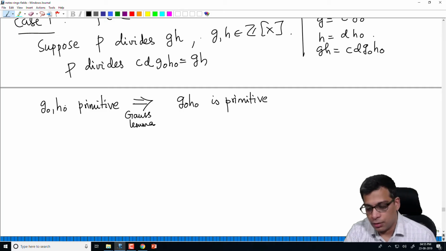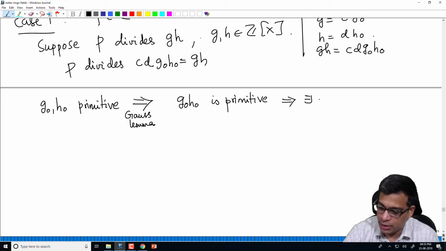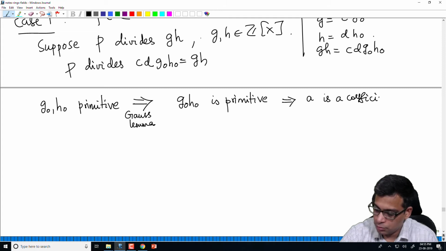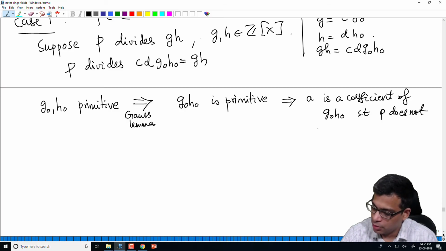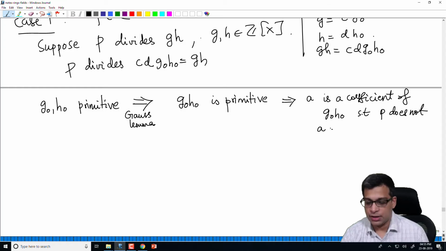That means the GCD of all the coefficients of g0 h0 is 1. This is not properly stated; what I really mean is no prime number divides all the coefficients of g0 h0, because g0 h0 is primitive.